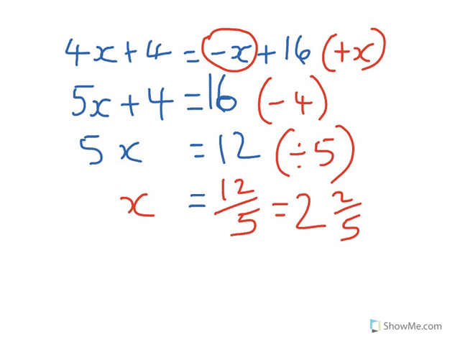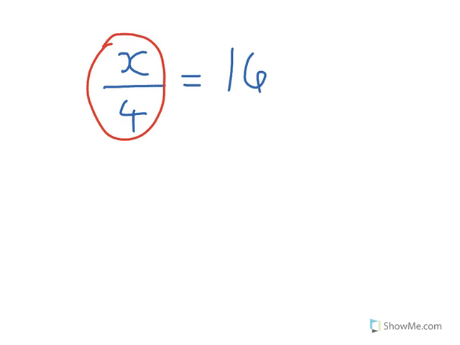Right, we've got one more type to do. That is when you get something like x over 4 equals 16. Okay, so what are we going to do to both sides here? Well, on this side here, the x is being divided by 4, so remember we're going to do the opposite.